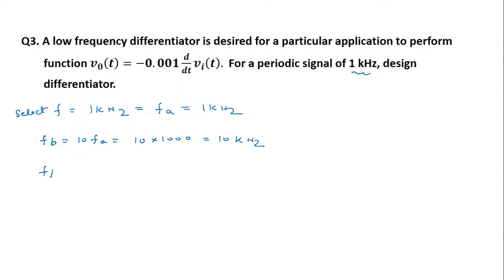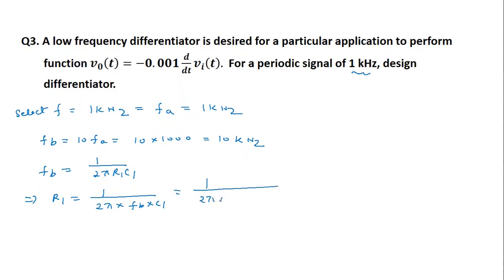Now we know that FB is equal to 1 upon 2 pi R1 into C1. So from this equation, R1 will be equal to 1 upon 2 pi into FB into C1. Now we put all the values of FB and C1 here.